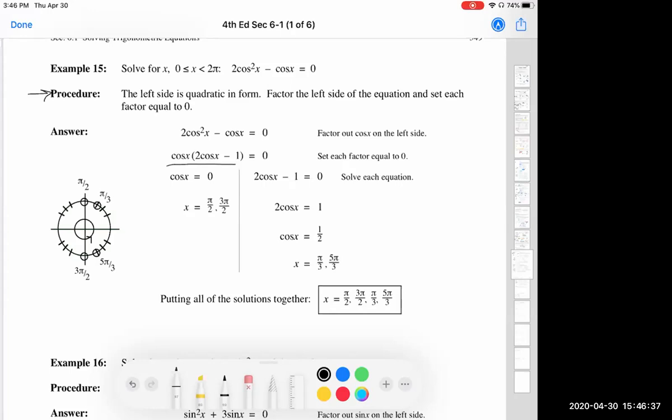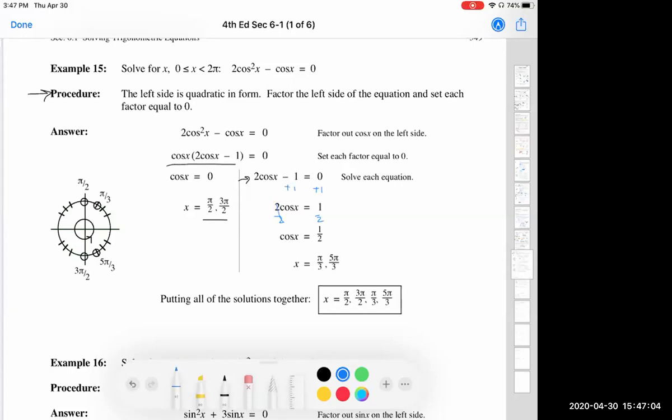All right, so when cosine is 0, cosine is 0 at pi over 2 and 3 pi over 2. That's part of our answer. Now, our second part, we want to solve 2 cosine x minus 1 equals 0. So we want to go ahead and add 1 to both sides, divide by 2, and we're left with cosine of x equals 1/2.